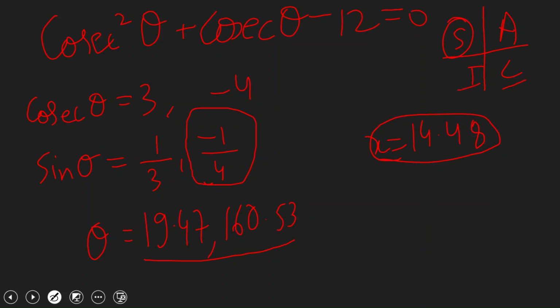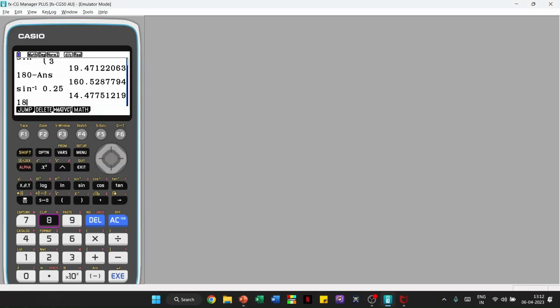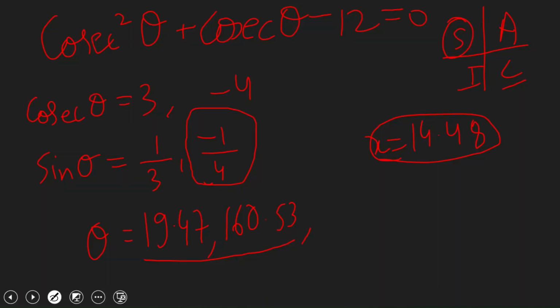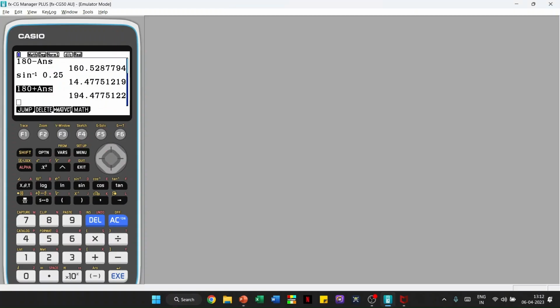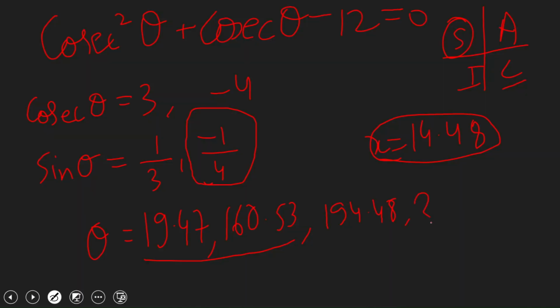So it's going to be 180 plus that, 180 plus 14.48, 194.48. And then the last one is going to be 360 minus that. So I'm just going to go over here. 374.48.